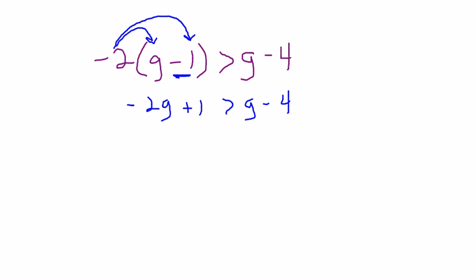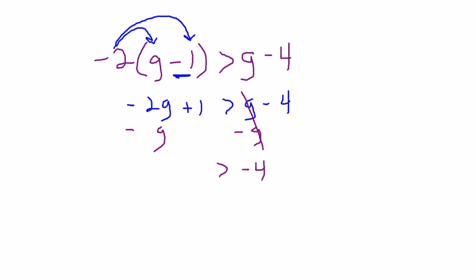We have a couple of options here, but the option that comes to mind for me is to subtract g on the right side and then to subtract g on the left-hand side. On the right side, my g's cancel, and I'm left with just negative 4.